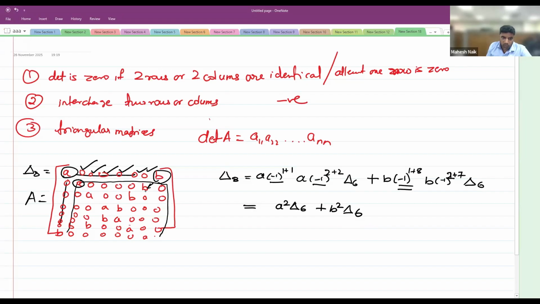So this was 2 and this is 7, and this was 8 and this is 1. Correct. So this gives me a square plus b square into delta 6.